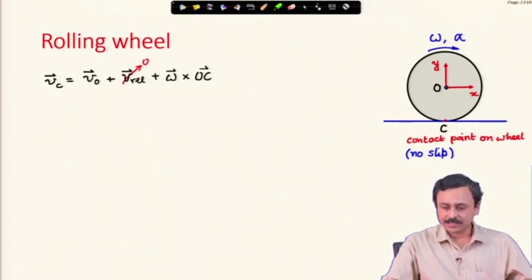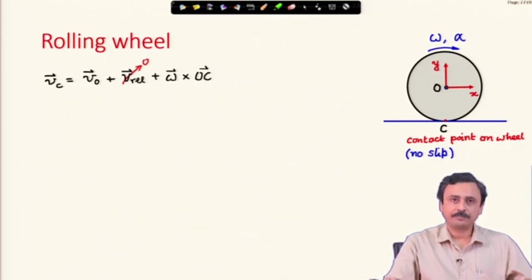Now, I express the velocity of point C in terms of velocity of point O, which is the origin of the frame xy. This frame xy I am considering as a translating frame. The origin of the frame is sitting at O, the geometrical center of the wheel, and x is always horizontal.